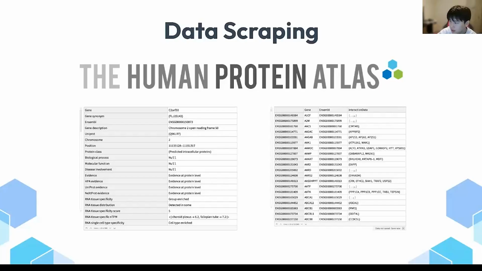For example, the first one, A1CF, has 16, and the second one, A2M, has 51. Using these interactions, we constructed the network in this graph by connecting the nodes of the proteins which interacted with each other. We will continue to explore this network on the next few slides.